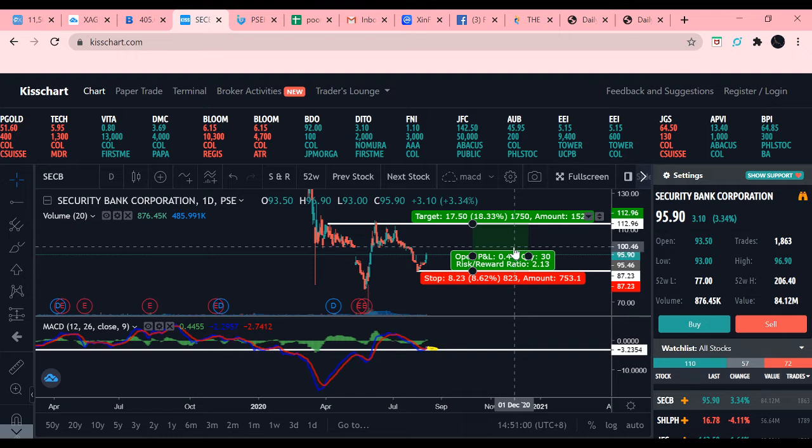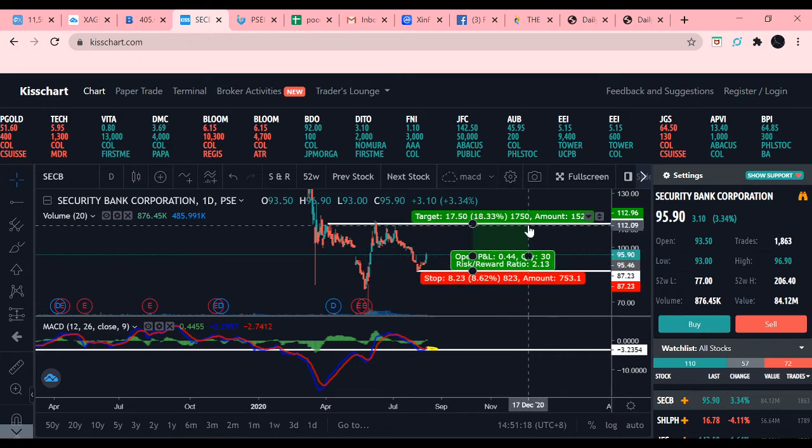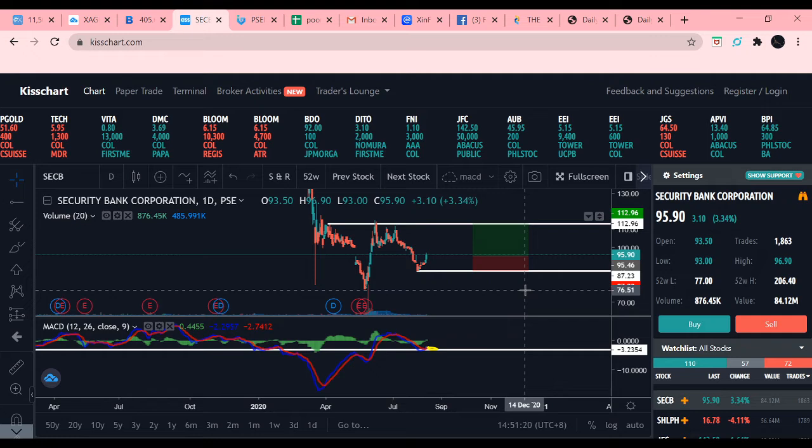So, attractive pa rin naman siya. So, posible akong pumasok dyan at posible akong kumita ng 18.33% kapag na-hit yung TP area ko around 113 at posible naman akong malugi ng 8.62% kapag na-stop out ako around 88. And of course, yung entry ko at this level around 95.90 pesos.